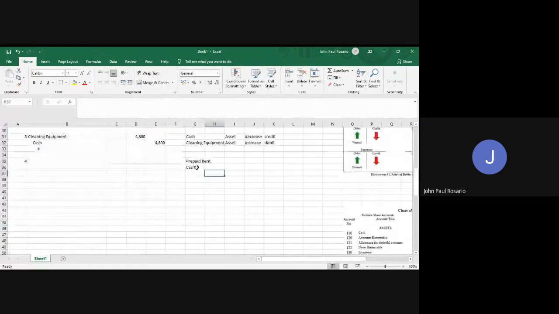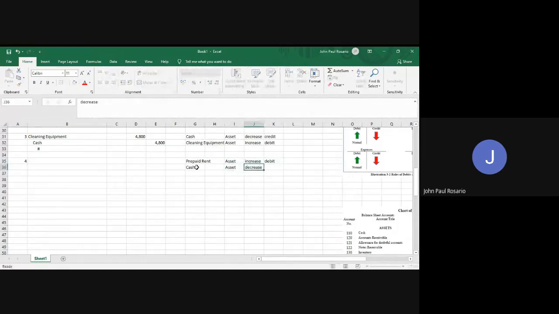So prepaid rent is, again, an asset. Did it increase or decrease? It increased, and the increase in asset is debit. And then cash is an asset, and it decreased. So decrease in asset is credit.